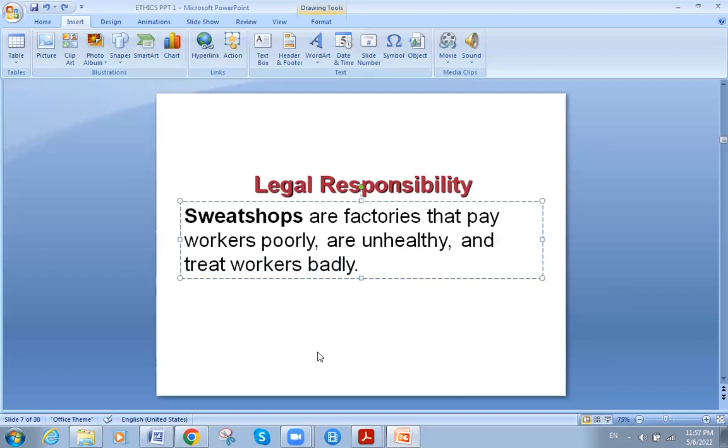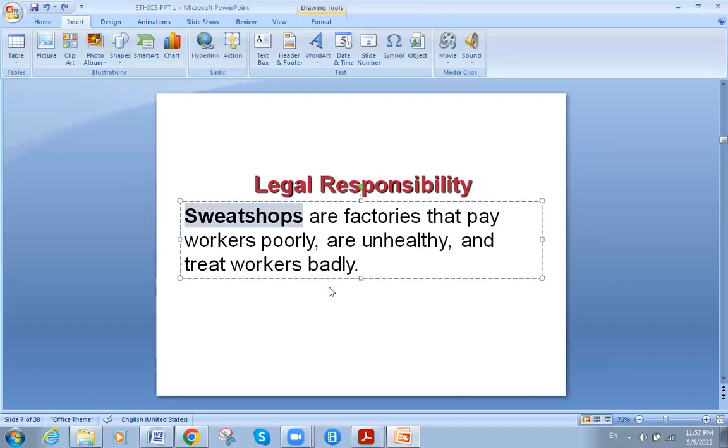Or there is bias, sexual bias or age bias. Bias means that you support or favor someone against the others. Of course, all these are the responsibility of the business: not to run sweatshops.